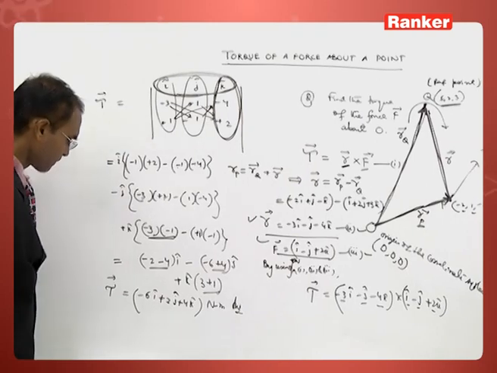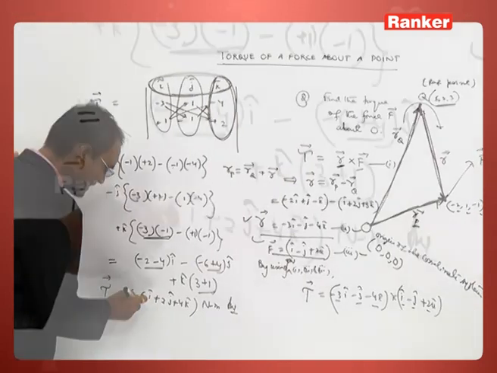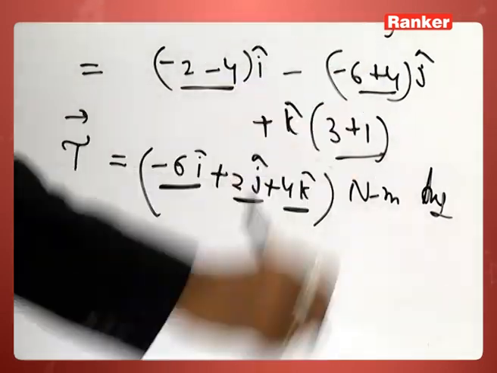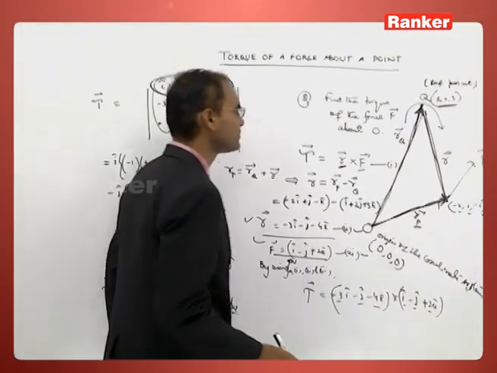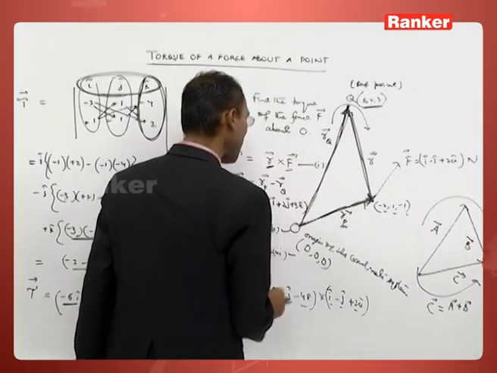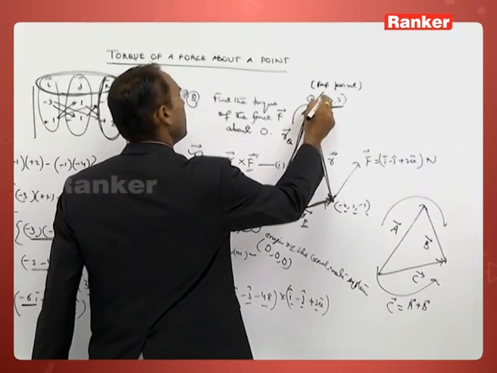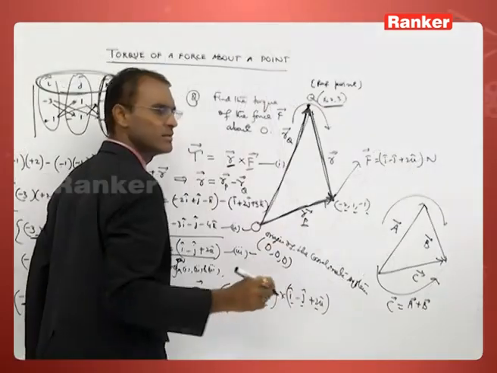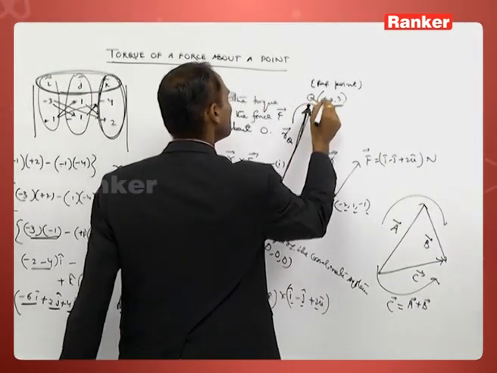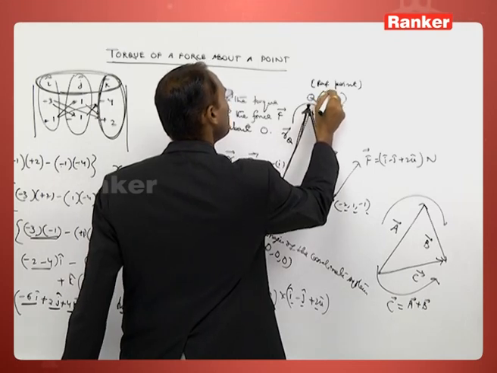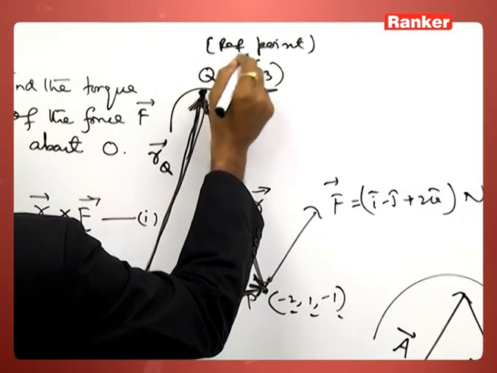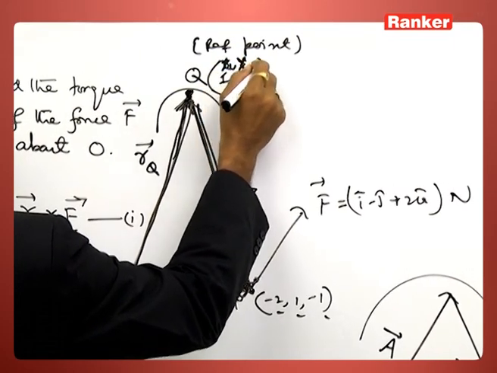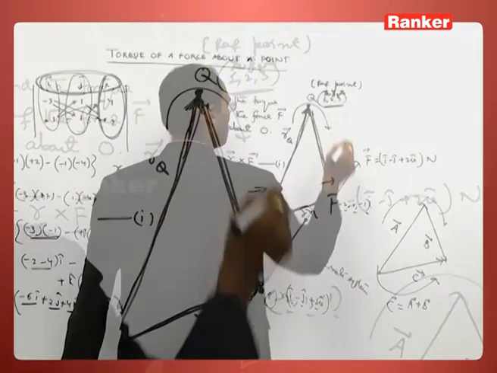Now let us understand the significance of this term and this term. In general, if you want to write, the reference point has the coordinates x1, y1 and z1.